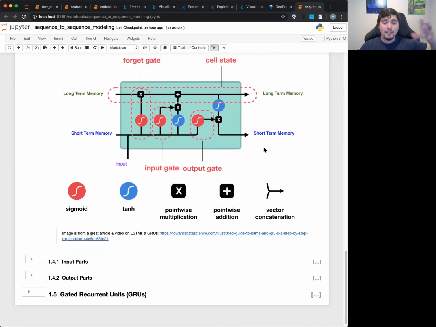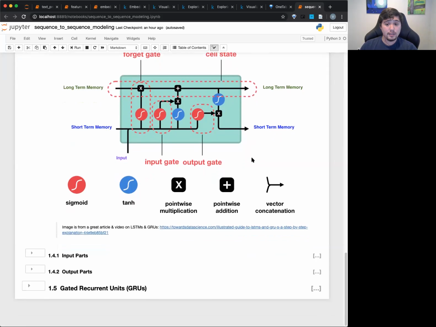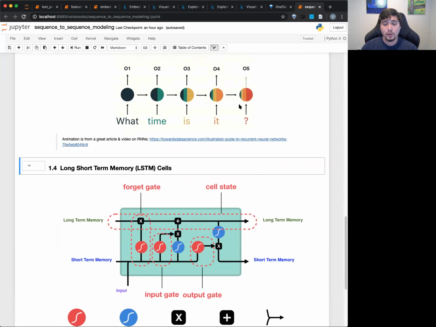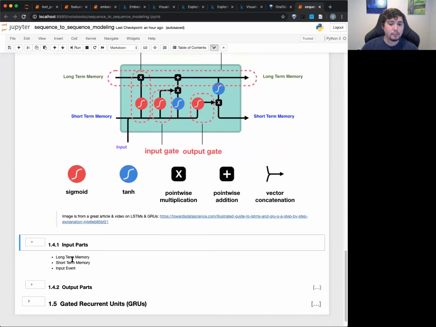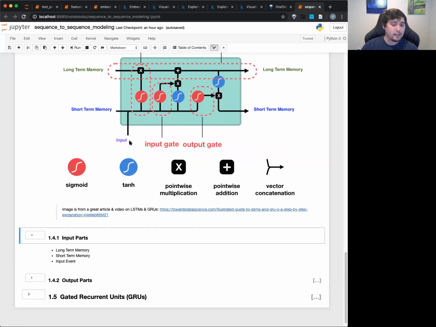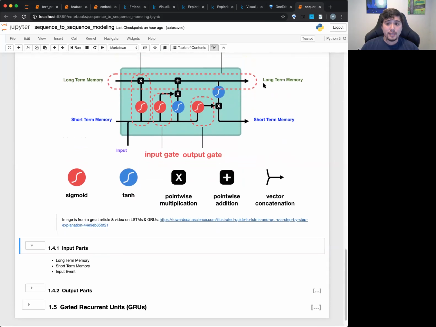This turns out to do pretty well at remembering parts beyond what a recurrent neural network does. And again, there's another article written by the same person who wrote this one. The main thing I want to show is that the inputs are the input event, the short-term memory and the long-term memory. And then the output is a long-term and short-term memory.